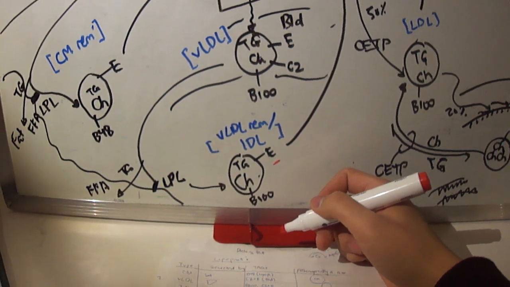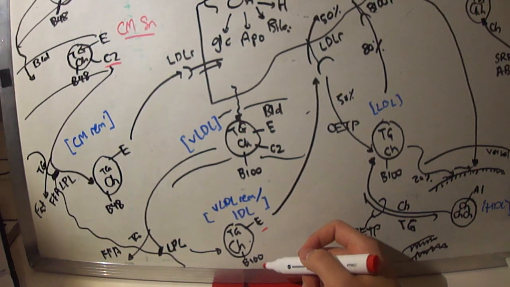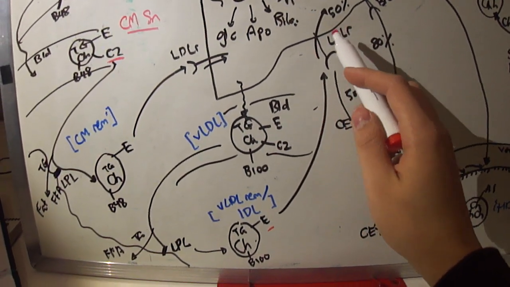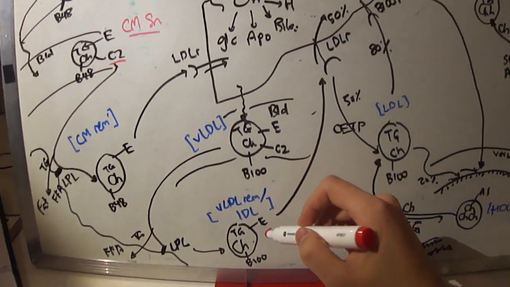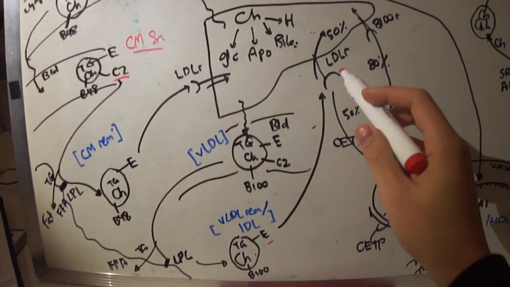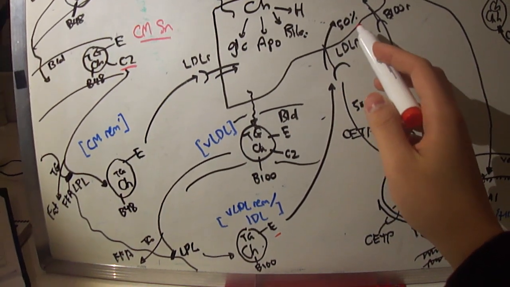And so if you have increased ApoE2, it actually reduces the recognition by the LDL receptor, and so you have reduced ability for this particle to be tracked to the LDL receptor and subsequently be taken up by the liver.